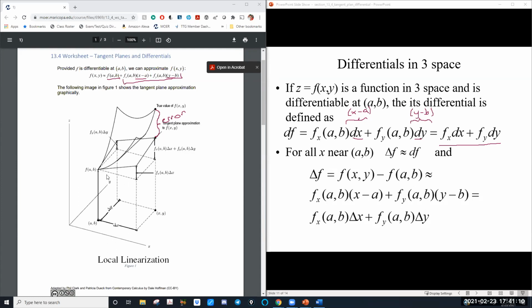I gave you the general example of if you're going 25 miles an hour for a third of an hour, roughly how much would you expect your distance to change by? It's the same idea, except now we've got a rate of change in both directions that we have to account for, that contribute to our change in z value, or our change in function value.